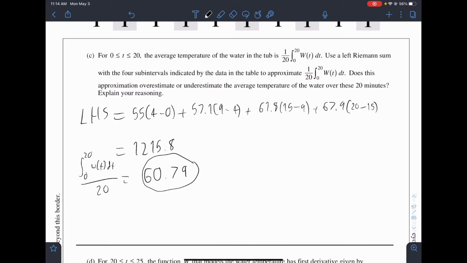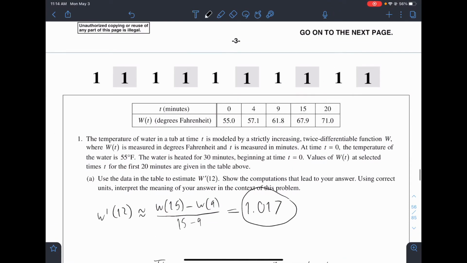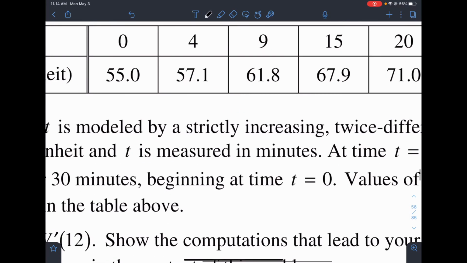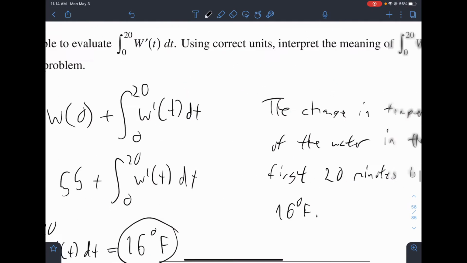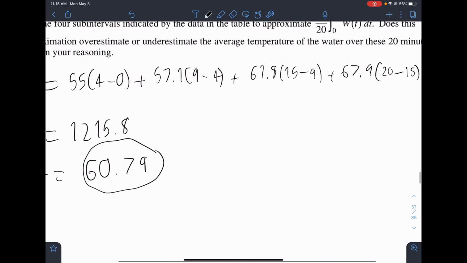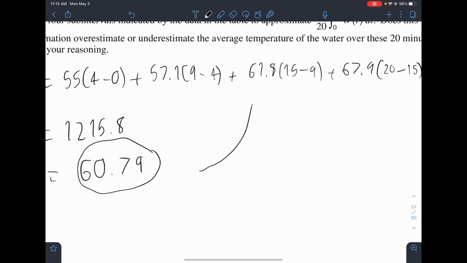Now we have to find if this approximation overestimates or underestimates the average temperature. If we look at the table, we can see that the graph is increasing, and it says it's strictly increasing in the problem. So if we know it's increasing, we can assume the function looks kind of like this. And if we take a left-hand Riemann sum, let's say like here, here, and here, we're not going to get over the function.